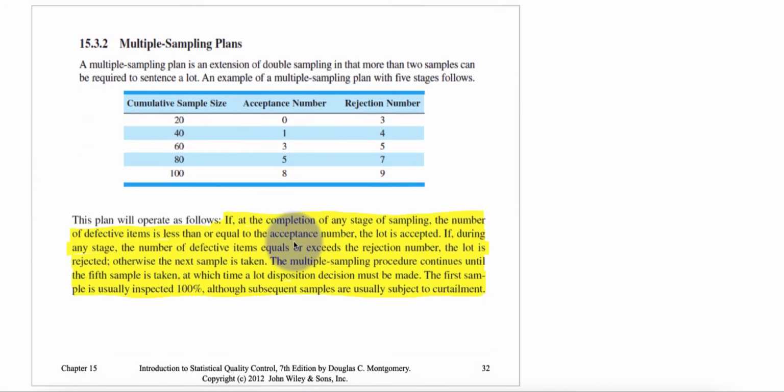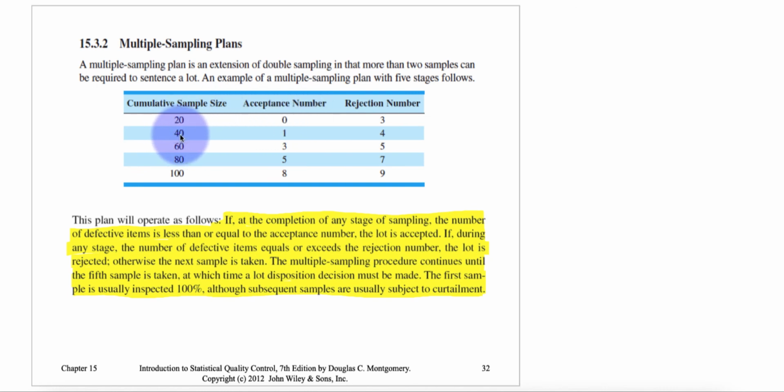The other sampling plan is multiple sampling plans. It's like an extension of the double sampling. How are we going to use it? Let's say we have taken one sample, the first sample from the lot, and if the number of defectives is greater than 0 but lower than 3, we can go with the second sample.